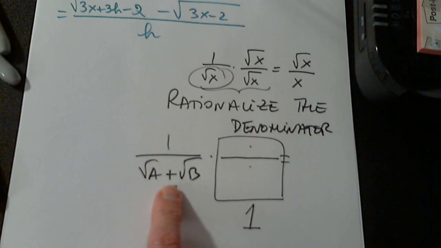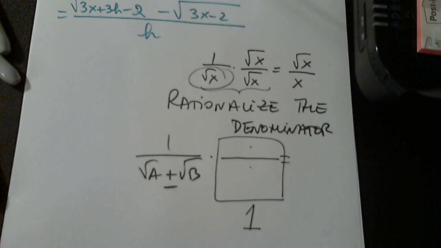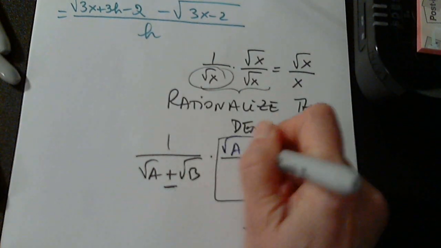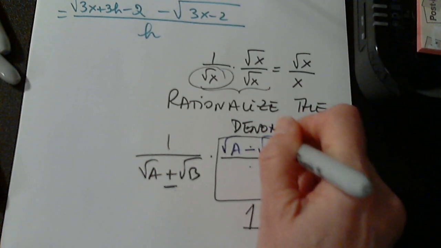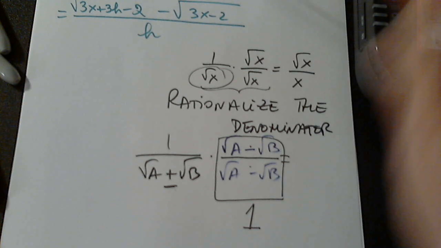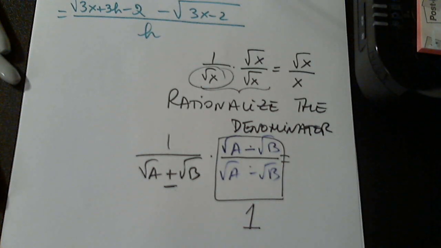Shouldn't it just be the same, but just switch the sign? Absolutely, yes. It has to be the square root of a, and this was plus, so I have minus. I'm going to erase the minus so I don't confuse you, okay? So if the denominator has plus, we need the conjugate of that, exactly.